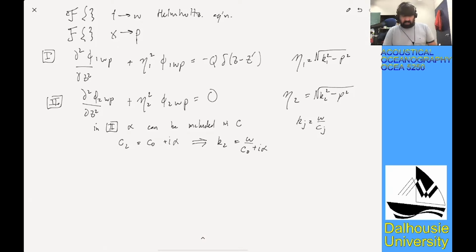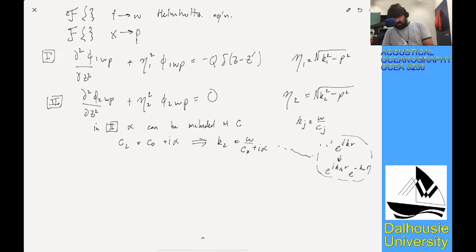Why is that useful? Well, let's go off on a little aside here. If k is complex and you have an e to the i k r, now all of a sudden you're going to have an e to the i k real part r times e to the minus k imaginary r.